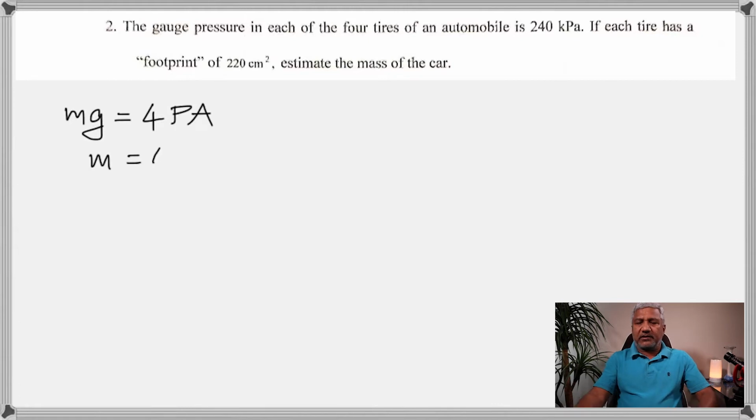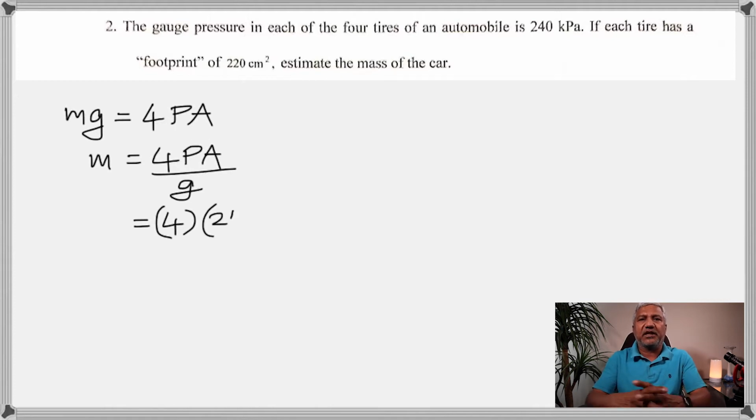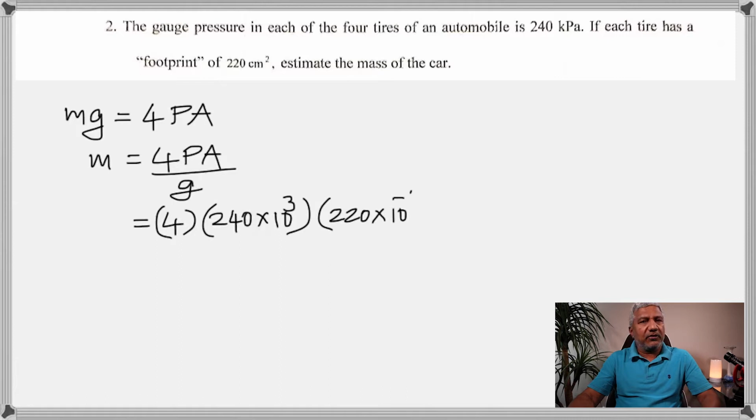We know that pressure is force by area, so mg by A. But the factor 4 comes in because there are 4 tires, and that's why we're using 4. And so the mass of the car is 4 times PA by g. P is the pressure given in kilopascals, which I have changed into pascals. A kilo is 1,000, and then the area is given in centimeter squared.